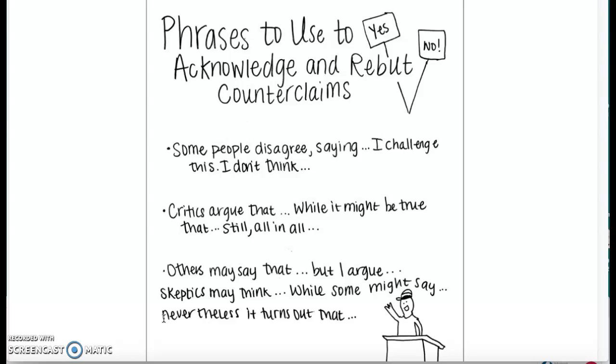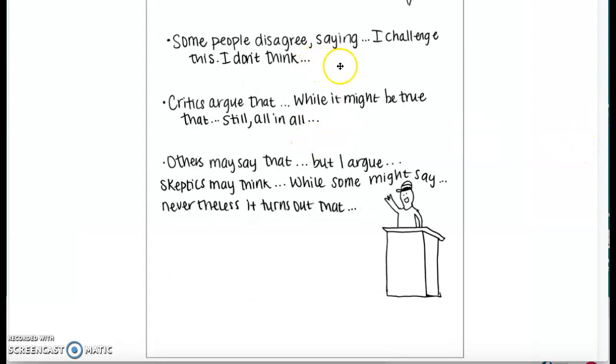So in your counter argument, you might start with, some people disagree with me saying blank, blank, blank. And then your rebuttal starts right here, okay? I challenge this. I don't think, blah, blah. And you might give a statistic here, or another fact, or strong piece of evidence from an expert, a quote that squashes what some people say up here, okay? So that's your rebuttal. So counter argument comes first, then the rebuttal.